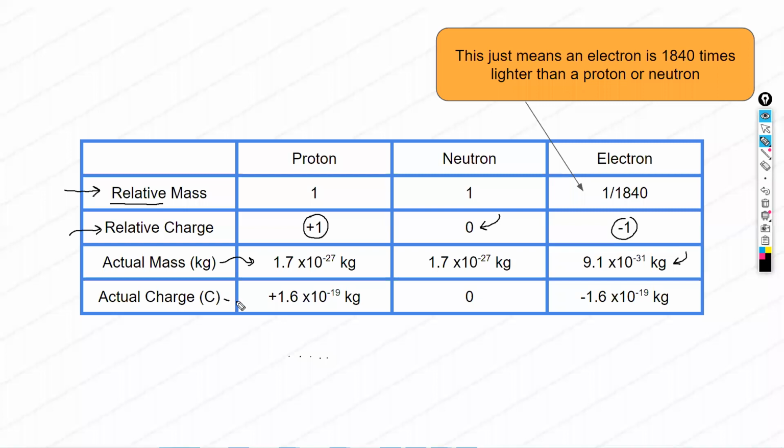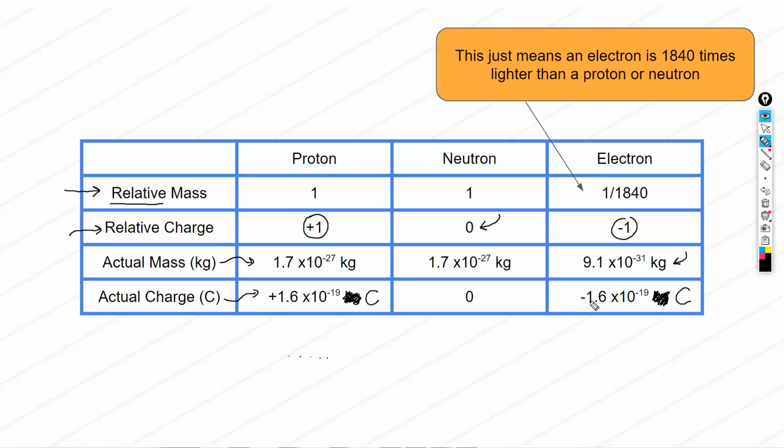The actual charge, right? I made a small mistake here. Charge is measured in something called coulombs, capital C, which will be covered later on when we start electricity. Remember, protons have what? A positive charge. But if you ask me, what's the actual value of the charge? This is the value you have to memorize.